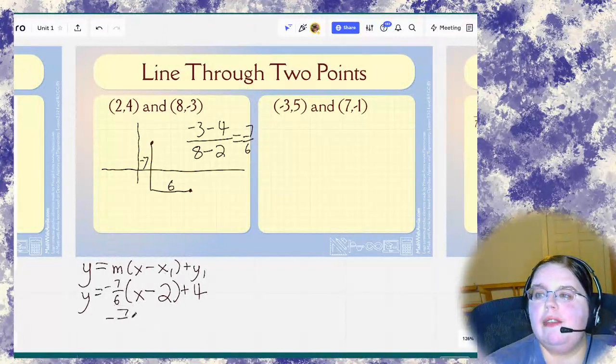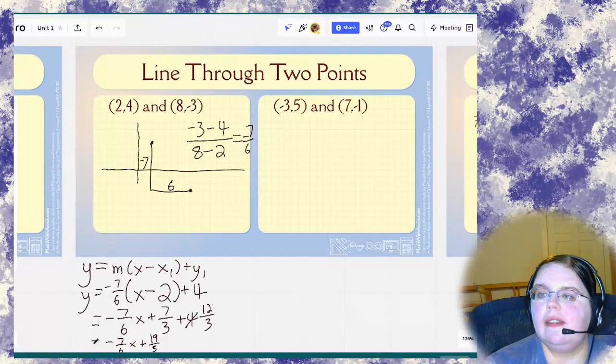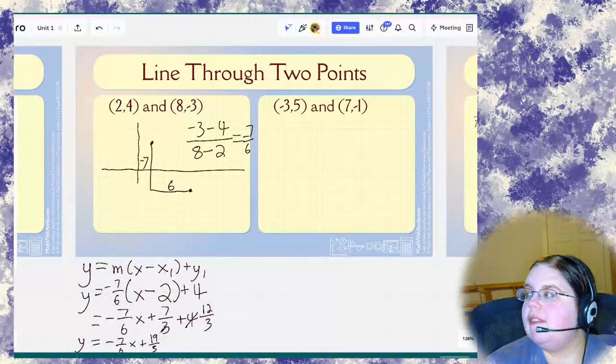So we'd have negative 7/6 x plus, well, let's see, that'll cancel, 7/3 plus 4. Another way to say 4 would be 12/3. So in all, we'd have negative 7/6 x plus 19/3 as the slope-intercept form of this line.